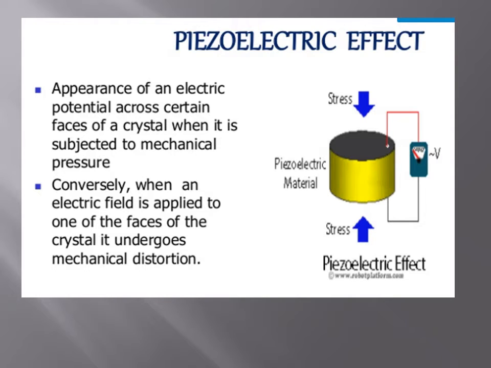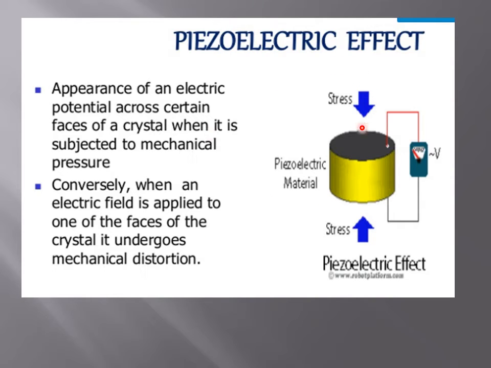So what is the piezoelectric effect? It is nothing but the appearance of an electric potential across certain faces of a crystal when it is subjected to mechanical pressure. When an electric field is applied to one of the faces of the crystal, it undergoes mechanical distortion.